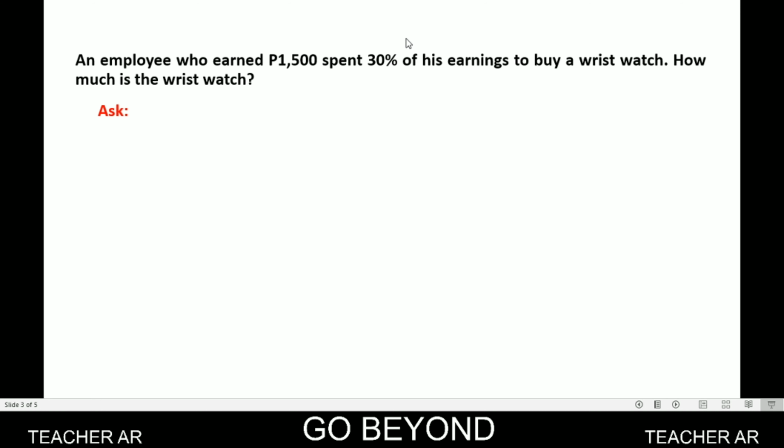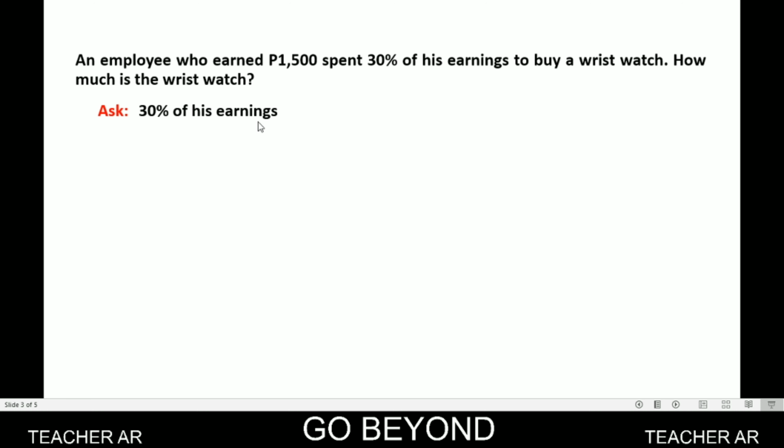In the problem, we have here 30% of his earnings. And how much is an employee's earning? Diba? An employee who earned 1,500 pesos. So, ibig sabihin, 1,500 pesos is the earning of an employee.